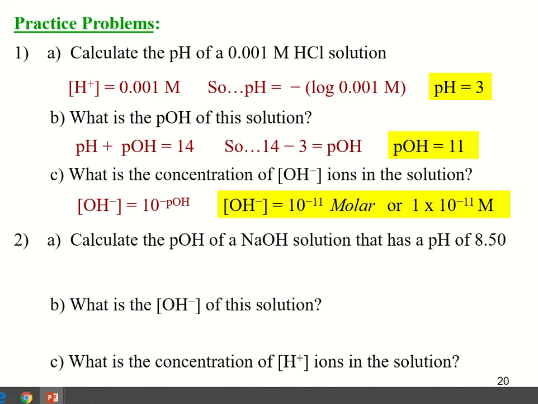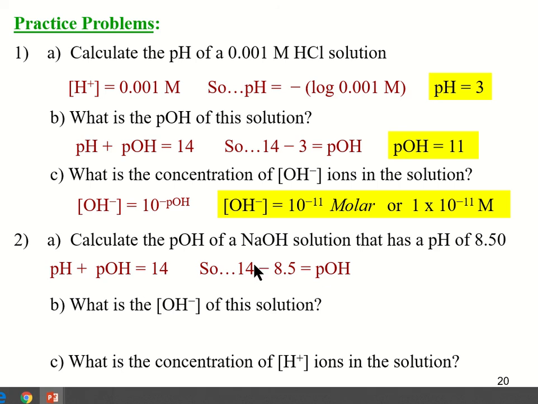All right, let's take a look at number 2. Now we're going to calculate the pOH of sodium hydroxide if the pH is 8.50. 8.5 would be basic. There's a couple of ways we can get there. First, if I know the pH is this, let's find the pOH.